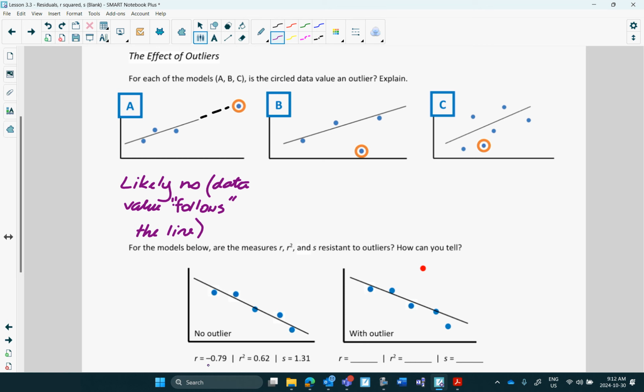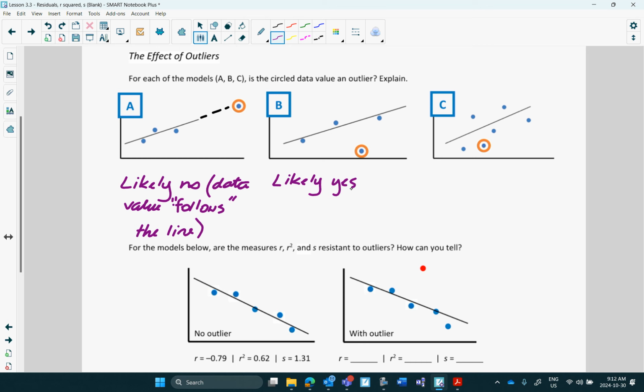How about the next one? Yeah, likely yes. How would you explain why? Use your stats terminology. Yeah, it has a negative residual, but it has a very low negative residual, because the higher the negative value, the lower the actual value is.